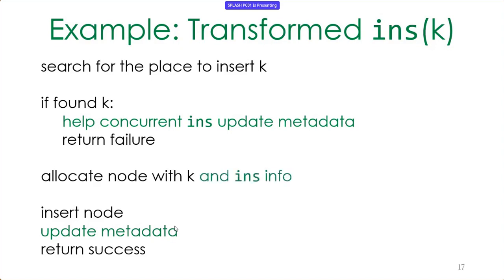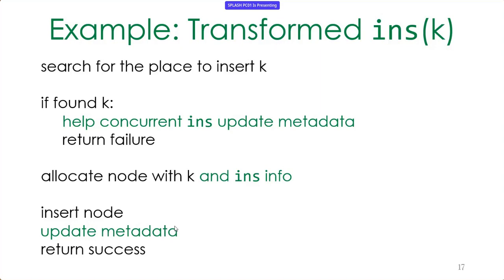And lastly, successful insertions and deletions need to inform helpers how to update the metadata on their behalf. And they do it by publishing some information in the node on which they operate. So for example, what insert does when it allocates a node is placing some information about this insert so that helper threads can know how to update the metadata on behalf of this insert.